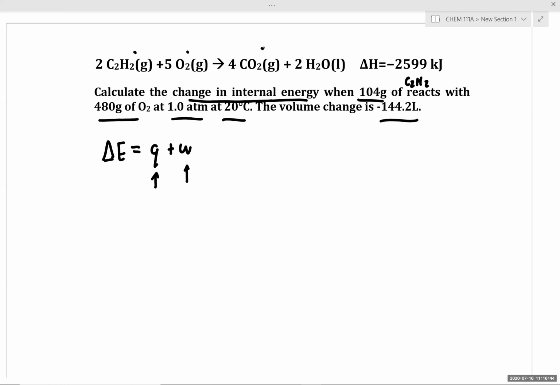The response I see in the chat looks perfect for the heat calculation. Now you have to combine that with the work calculation, and you have your internal energy expression. We'll discuss this example in about another 2 to 3 minutes.